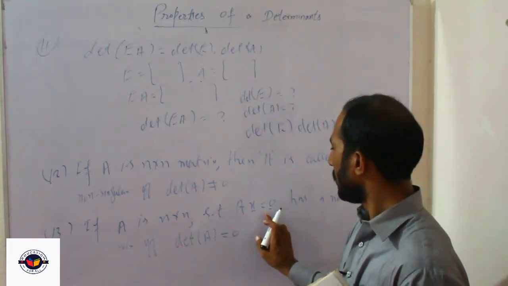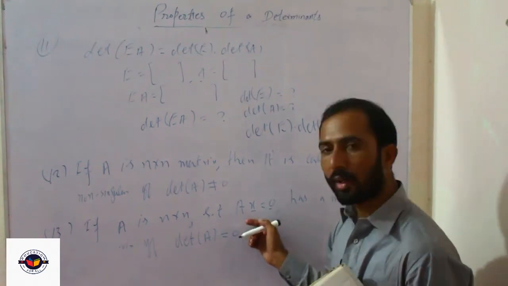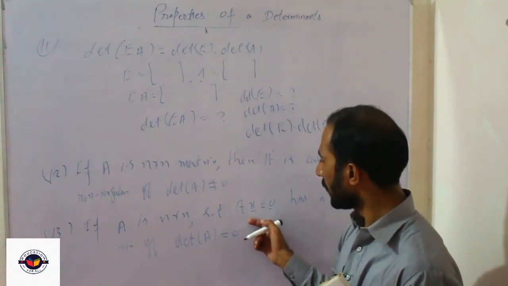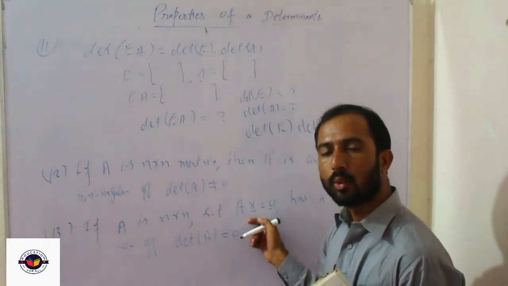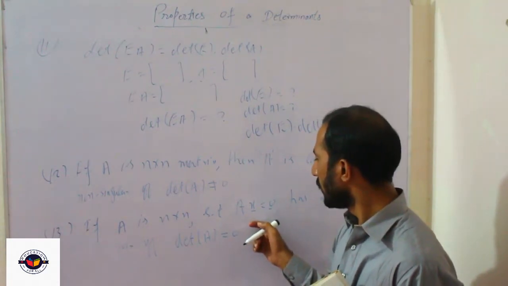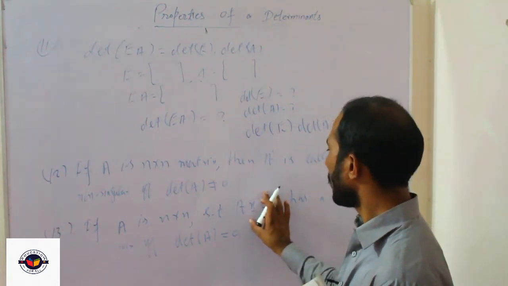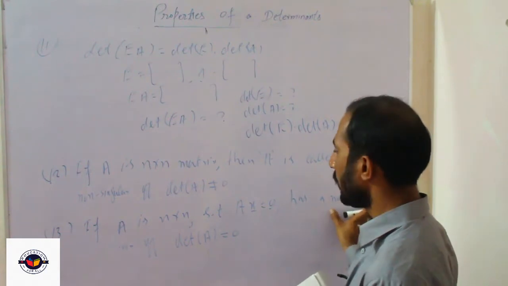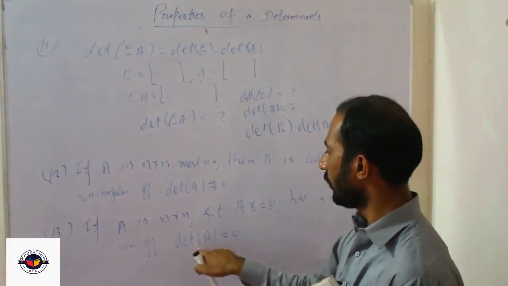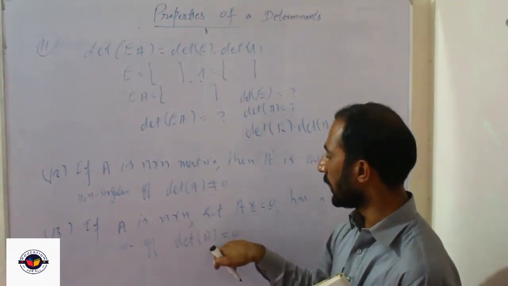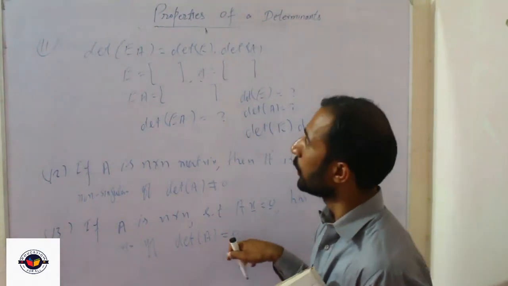Ax is equal to 0 means we have a certain number of equations. This system may comprise 2 equations or 3 equations, and this system of equations will have a non-trivial solution only when the determinant of the matrix A is equal to 0.